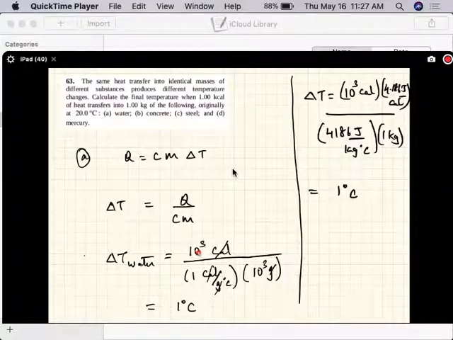You're going to do the same thing, 1 kilocalorie of heat into 1 kg of concrete. So you see, everything else being the same, the higher the specific heat, the lower the rise in temperature.